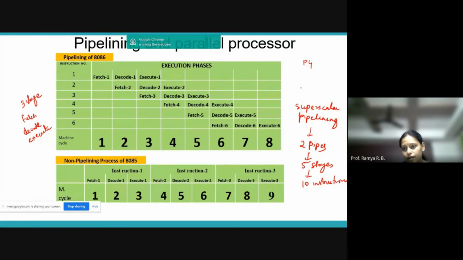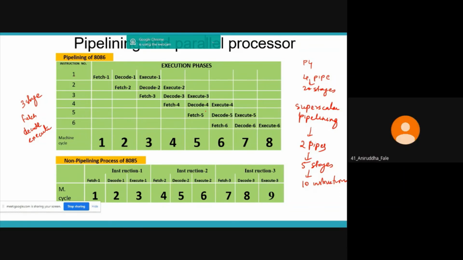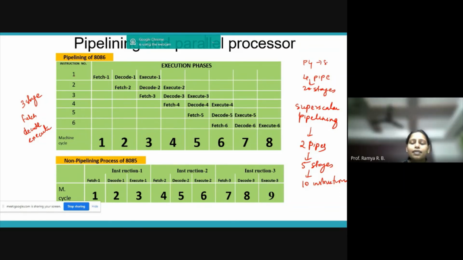10. 10 instructions. ऐसे ही Pentium 4 में it also uses superscalar architecture. वहाँ पे it's a 4-pipe architecture with 20 stages. तो मतलब कितने instructions active रहेगा एक time पे? 4 pipes, ऐसे ये एक pipe है. 80 instructions are active at a time.